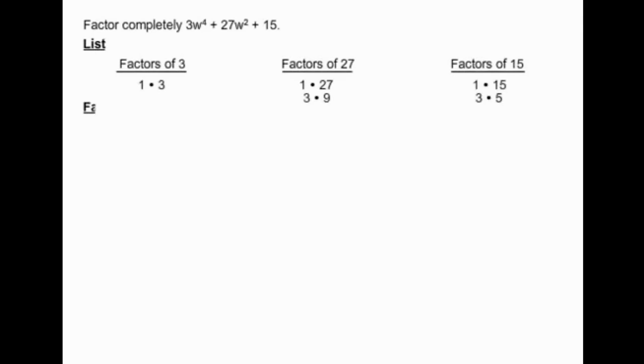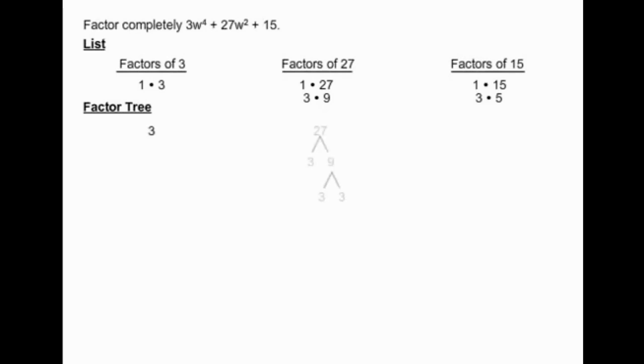Ignoring the variables for a moment and looking at each term separately, ask yourself, what is the GCF of 3, 27, and 15? There are at least 2 ways to determine whether or not a group of numbers shares a GCF. You may make a list, or you may create a factor tree.